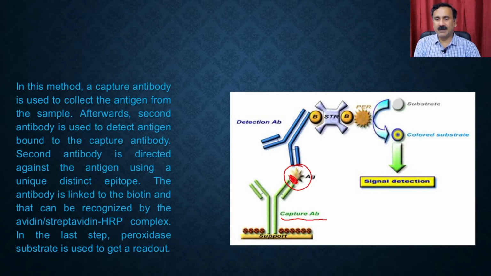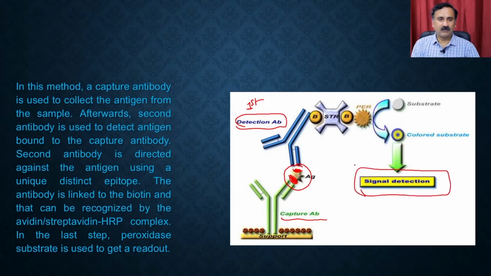In this case, this area is identified by the capture antibody, whereas this is the area recognized by the detection antibody or the primary antibody, and then this primary antibody is recognized either by the secondary antibody or by the detection system. And that's how you utilize the substrate, and it gives you the signal, which you can measure using the spectrophotometer.